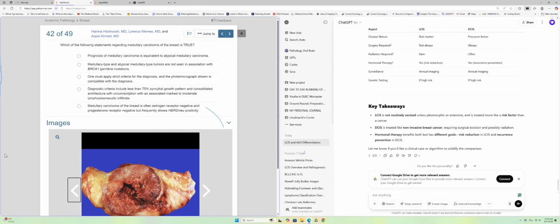I'll say C is my answer. I'm not even very sure.